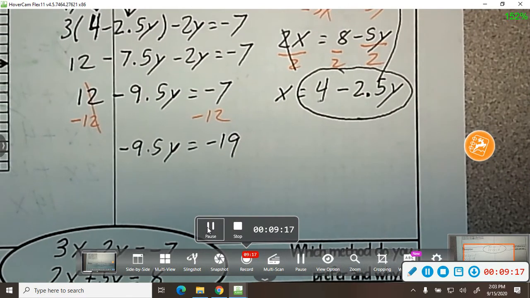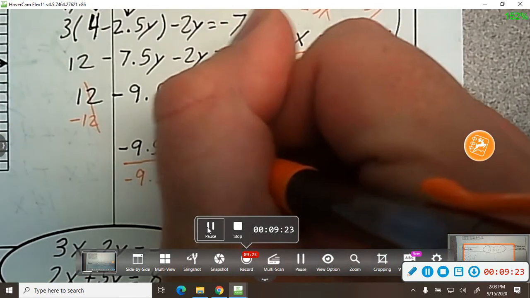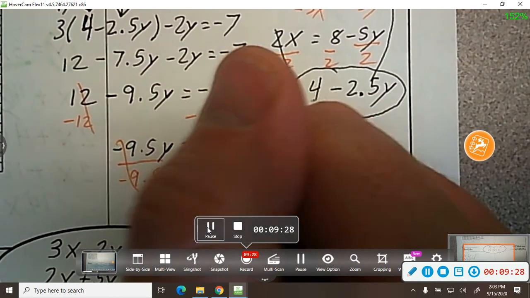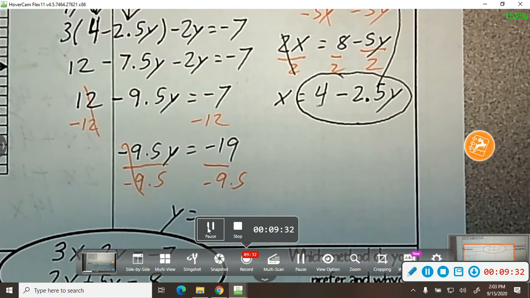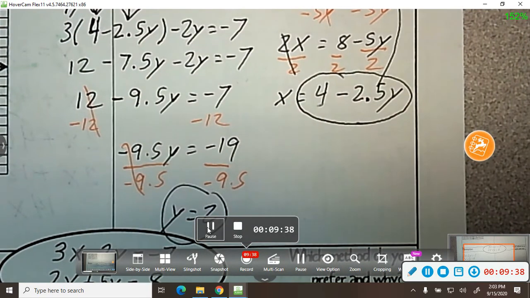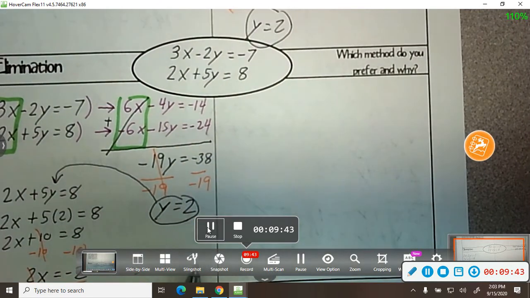Divide by -9.5. And I get 2. Which, notice, that's the same that we got before. We got y is 2.